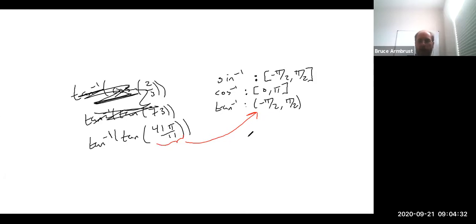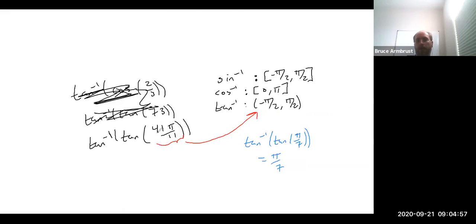And so, for example, if it had been, let's say, tangent inverse of tangent of pi over 7, pi over 7 is in this interval, so it would just be pi over 7. So best case is when your angle is in this restricted interval, and then you're just done.